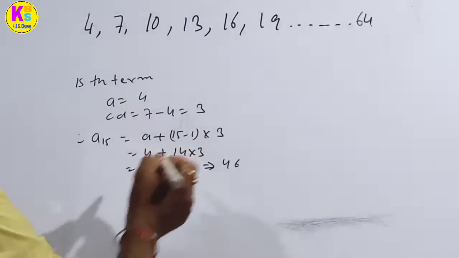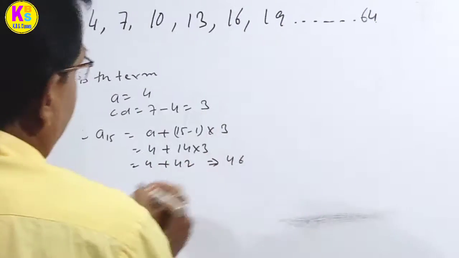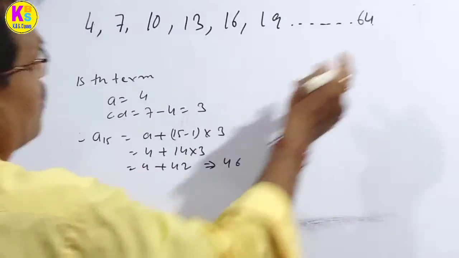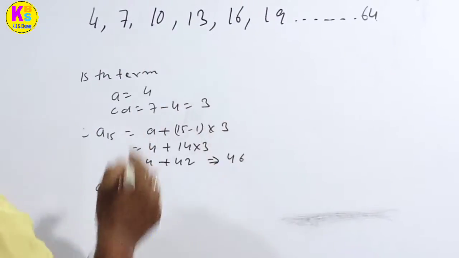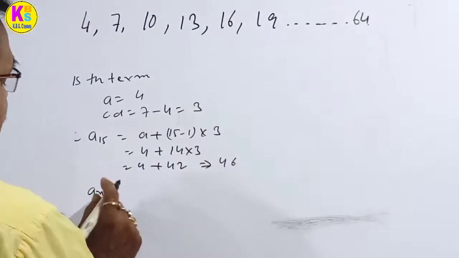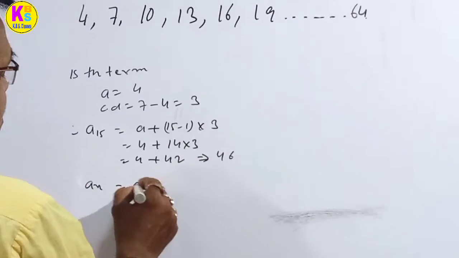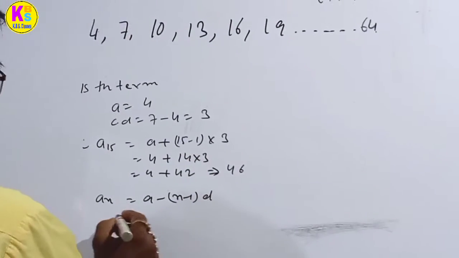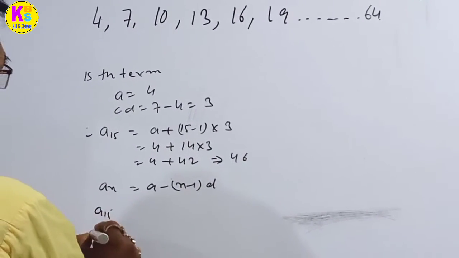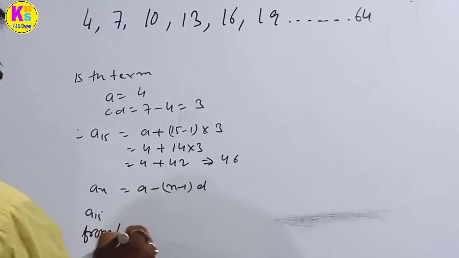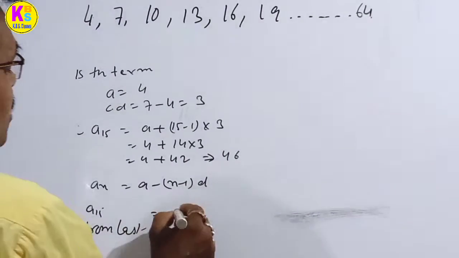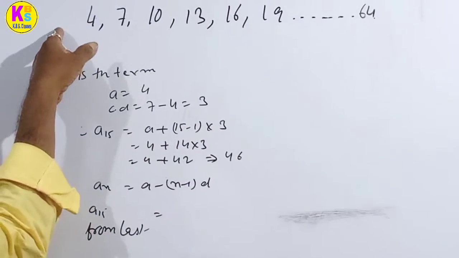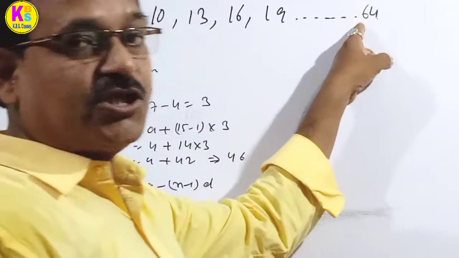Now the second formula, from the last. What I told you is to take an from the last. Suppose from the last you are taking the 15th term, then the formula is an is equal to a minus (n minus 1) into d. Therefore a15 from last is equal to, which a will you take? Not 4, because you are starting from 64.